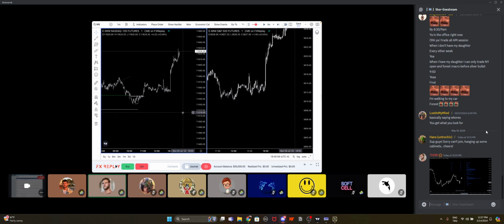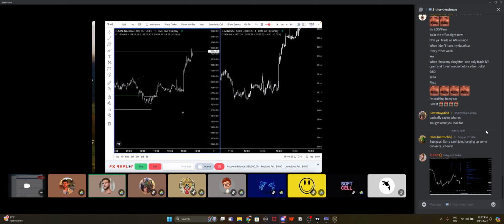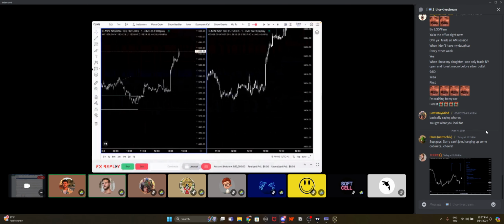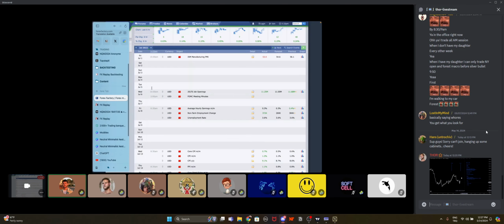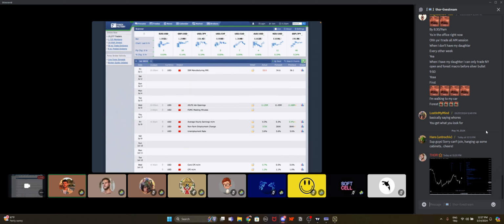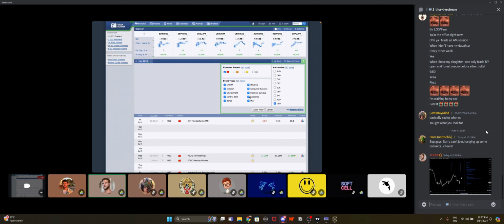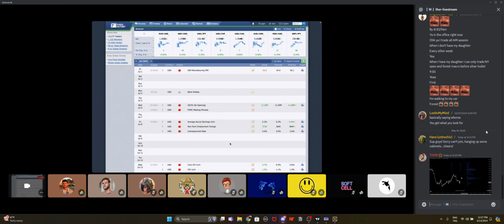I don't think it was tradable, but it was there. SMT divergence in deep discount, equal highs. There's a trap. The bullish order flow is being respected. I think Forex Factory doesn't show holidays, does it?